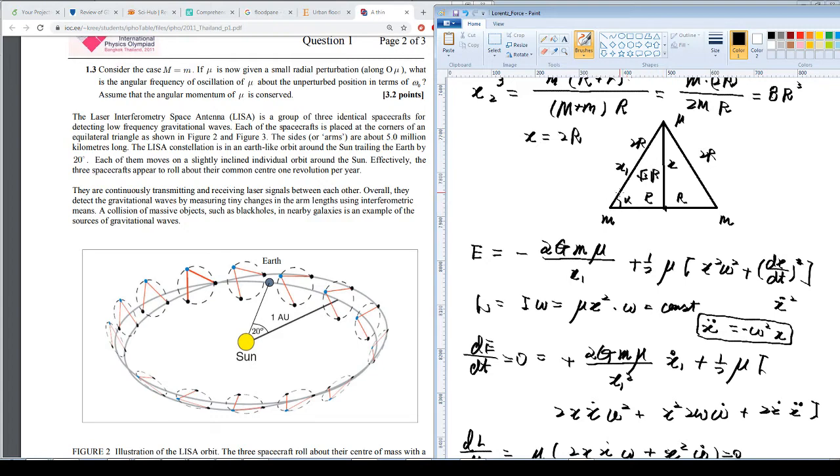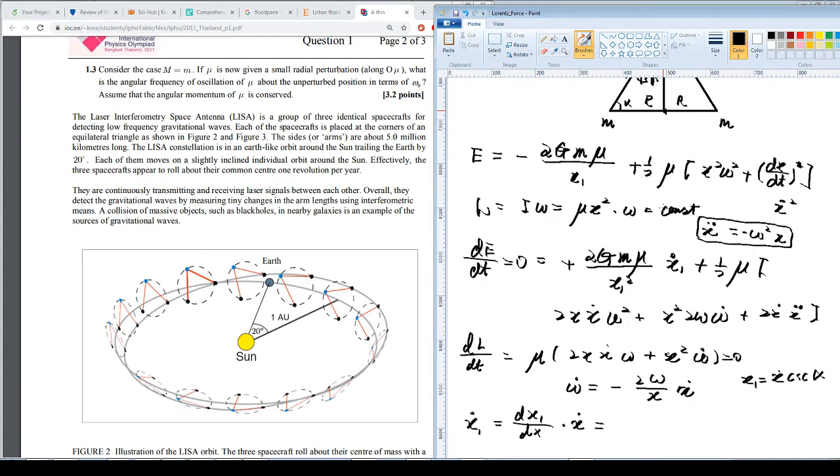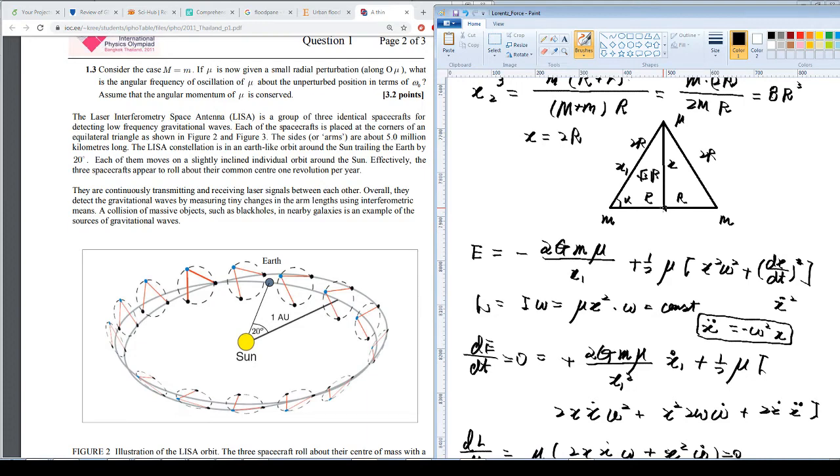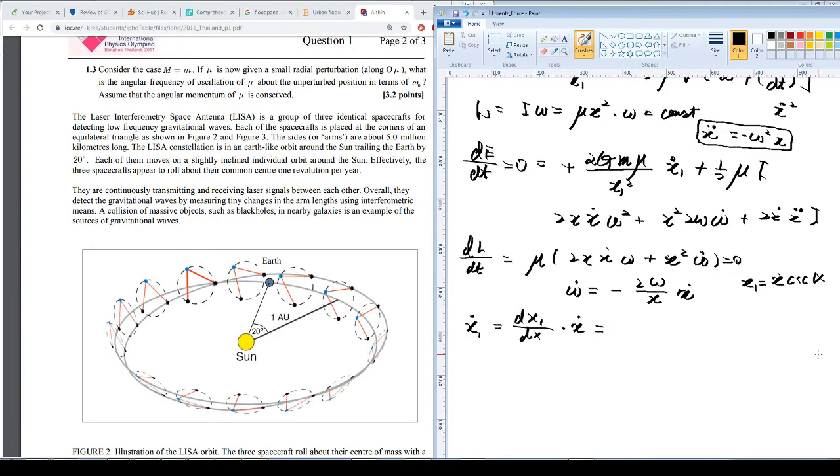x1 is x over sine alpha, therefore x1 is x cosecant alpha. You might also want to say x1 squared is x squared plus r squared. That's also okay. I think that might be easier.